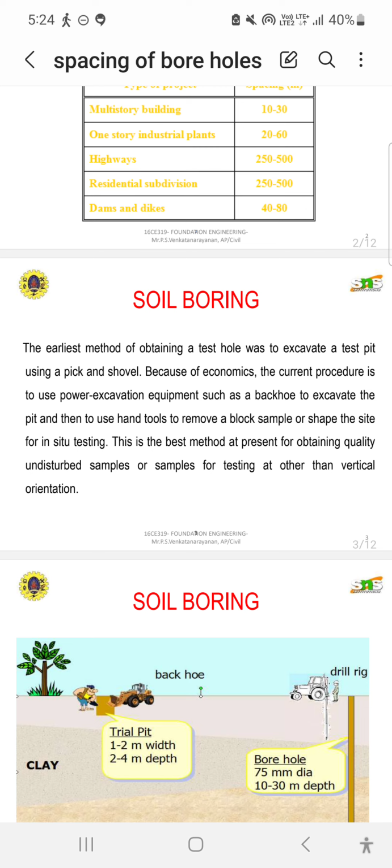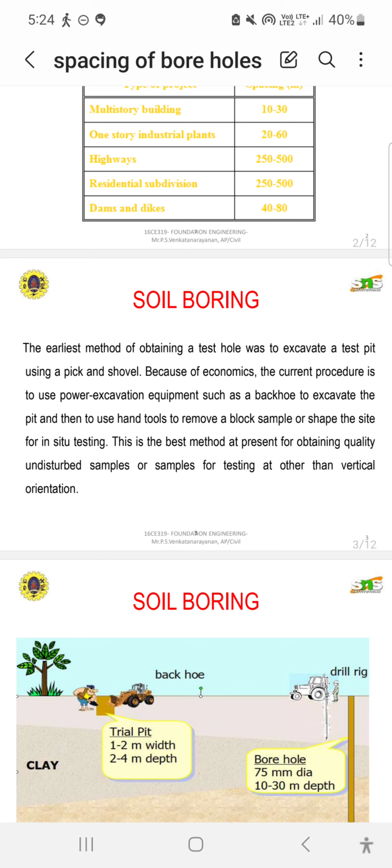This is the best method at present for obtaining quality undisturbed samples. What are undisturbed samples? Samples without disturbing the soil conditions for a longer period. Disturbed soil means that at one or two or many places we have disturbed the present soil conditions.